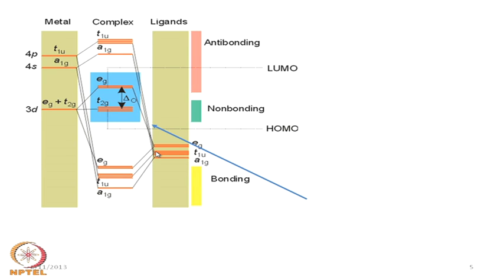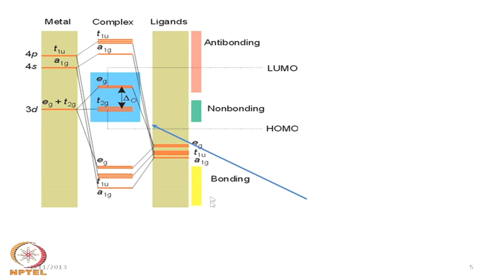The only thing is that due to this interaction we have some amount of stabilization, and that stabilizes these sets of orbitals as their corresponding bonding molecular orbitals in terms of sigma bonding interactions.